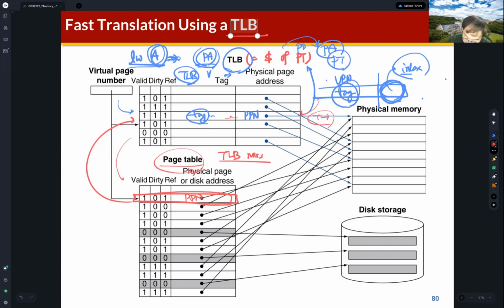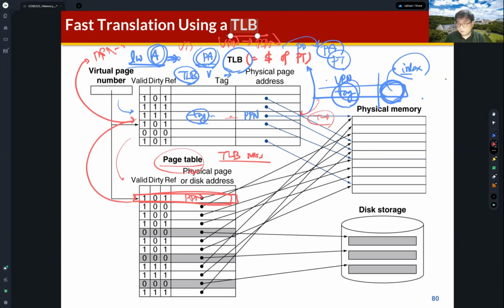Okay, and this PPN is also provided to the processor, and then the virtual page number is translated into the PPN, the physical page number. So the TLB is just a cache of the page table entries.